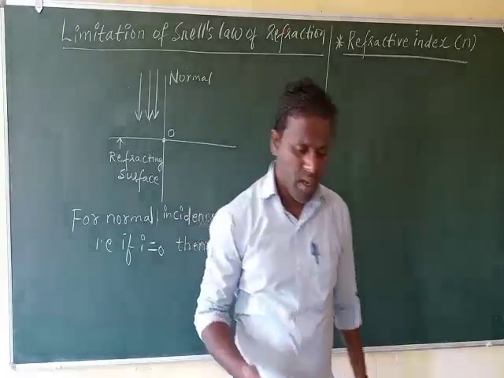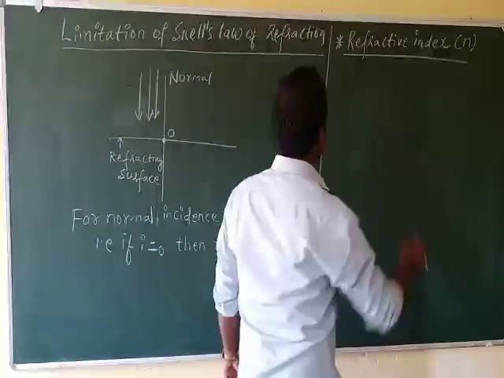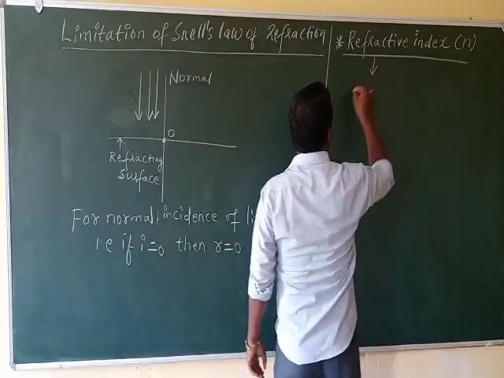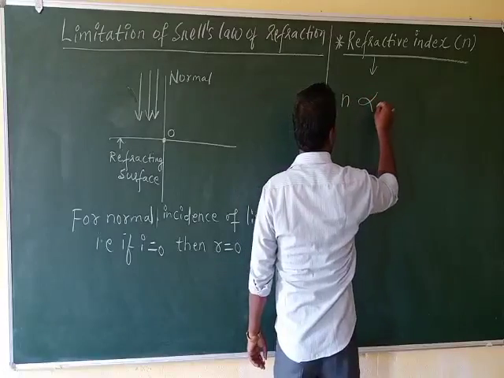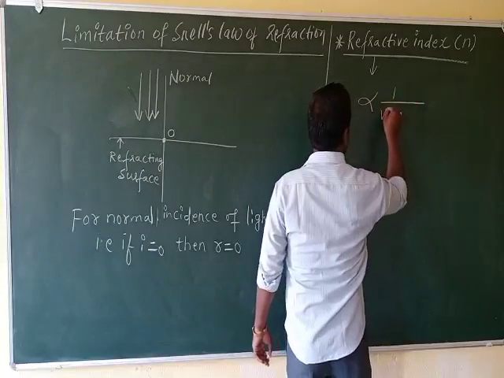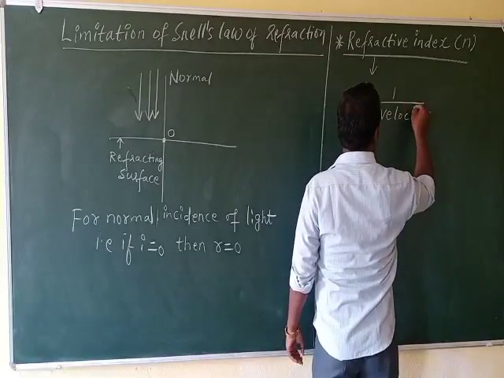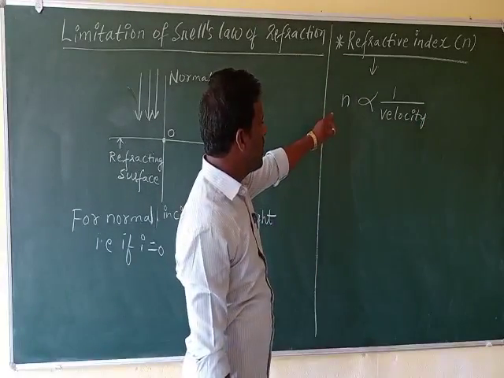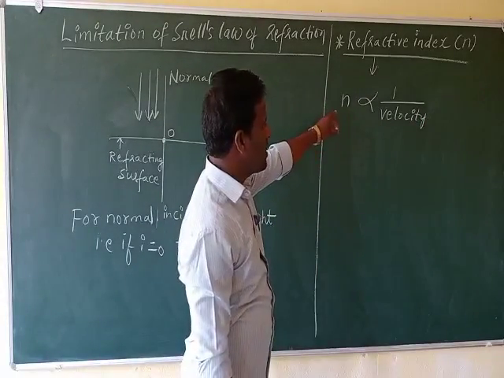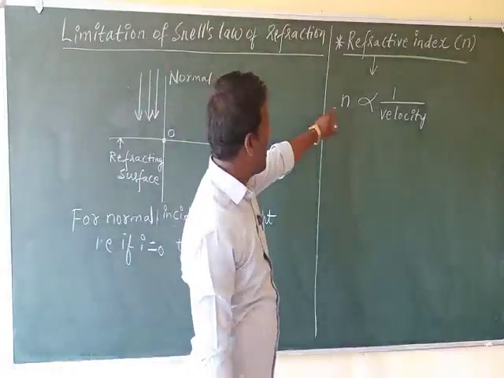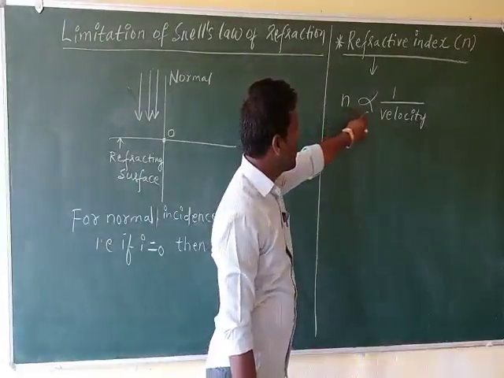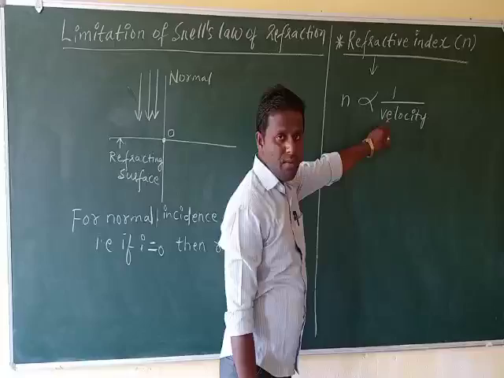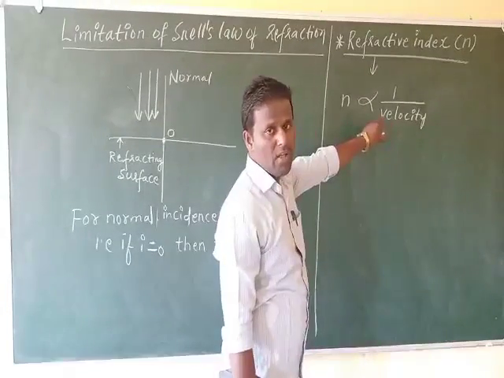See here, n is inversely proportional to velocity. What is the meaning of this? A medium which has a higher value of n, in that medium light travels with minimum velocity.